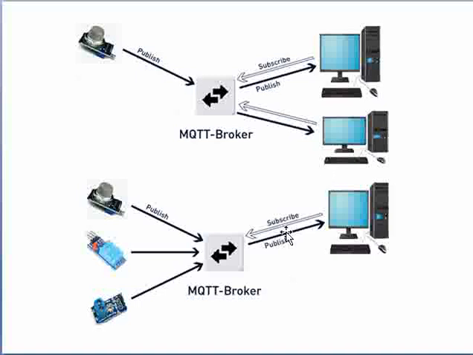Okay, so now this diagram shows two different scenarios where there is a single publisher and multiple subscribers, and there are multiple publishers and a single subscriber. There are several other scenarios where there could be multiple brokers as well, and a single device connected to multiple brokers connecting to multiple devices, many scenarios depending on the complexity.